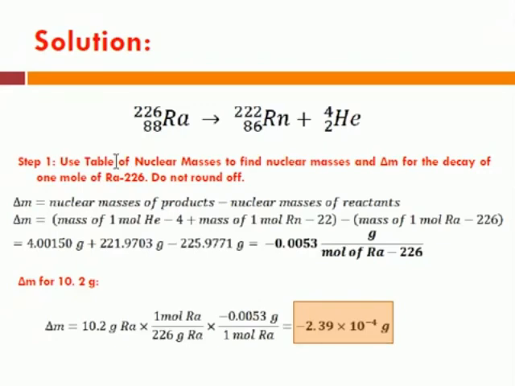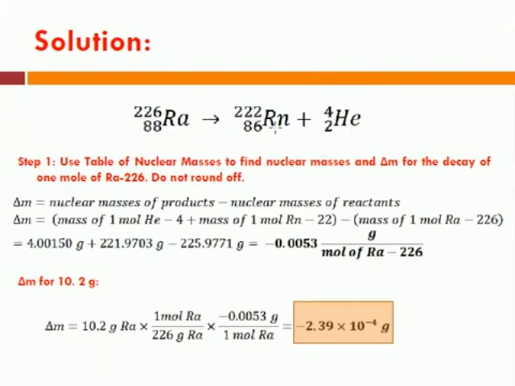Write the whole number as it is. Delta M is equal to nuclear masses of the product minus nuclear masses of the reactant. We have 1 mole here, 1 mole here, and 1 mole here.